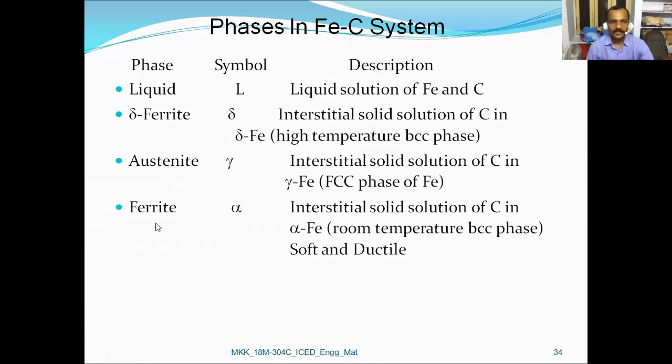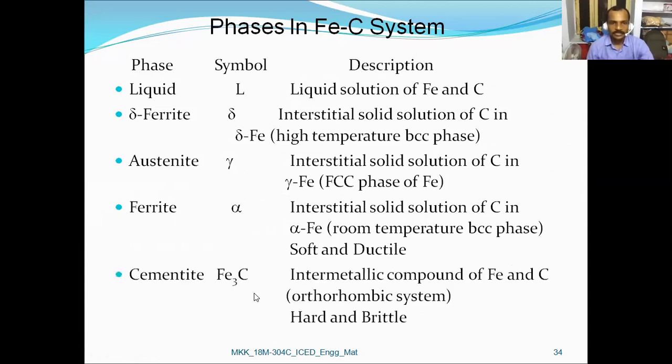Coming to the ferrite, given by alpha iron, which is an interstitial solid solution of carbon in alpha iron, at room temperature BCC phase, body centered cubic phase, which is soft and ductile. Next is cementite, given by the symbol Fe3C, an intermetallic compound of iron and carbon, which is orthorhombic system, hard and brittle.